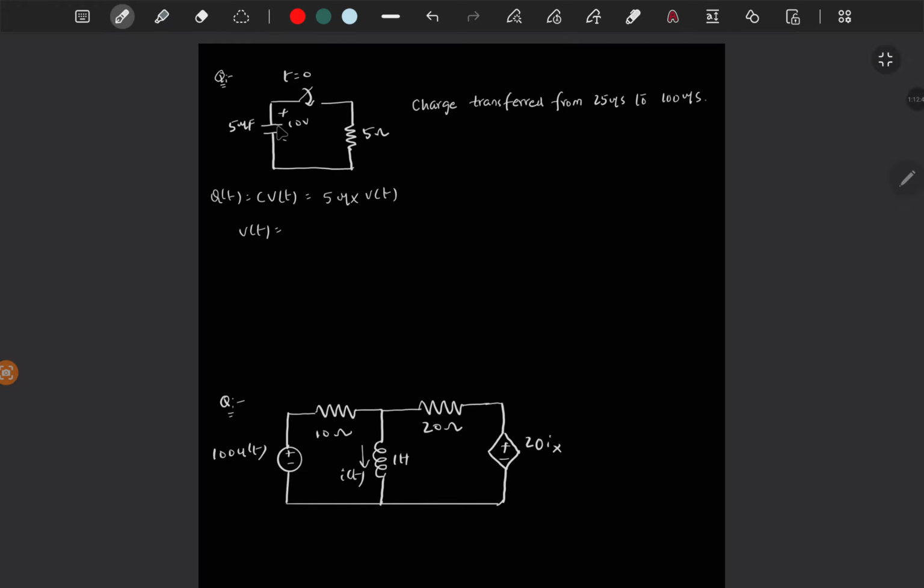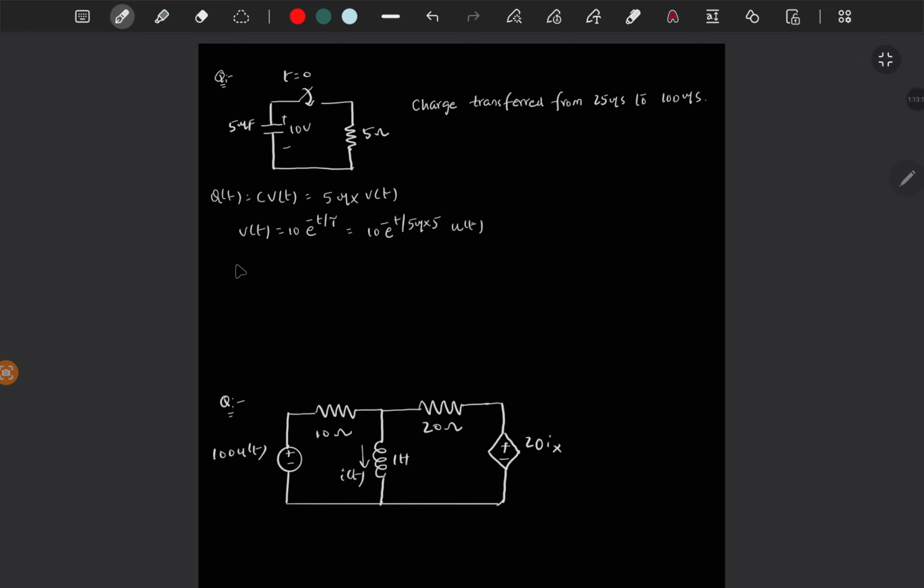V of t has an initial voltage of 10 volt, and this is a simple first order circuit, and this will be completely discharged to 0. So which is e power minus t by tau, 5 micro into 5 u of t.